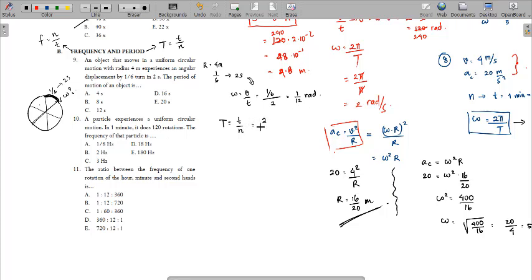Time for 2 seconds, this is 1/6. So you got 12 seconds. You got the answer right now: 12 seconds. You don't need to use this one, but just in case you need it, you can find this. But you can only use this formula.